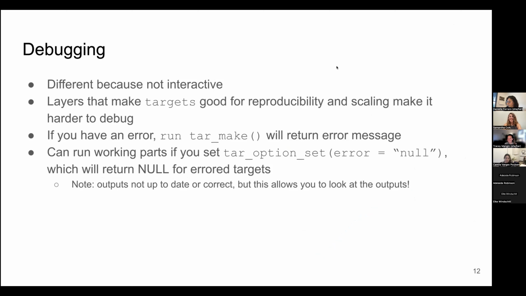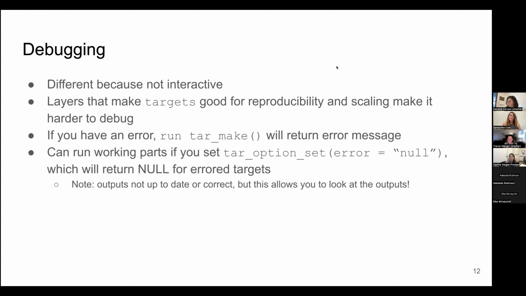Okay, so that's maybe the basics of targets. This next one is not as fun or intuitive, which is debugging. The targets framework is not interactive. Like I said, things are not loaded into the environment, so you don't really have access to them. And all the layering that makes targets really good for reproducibility and scaling makes it harder to debug.